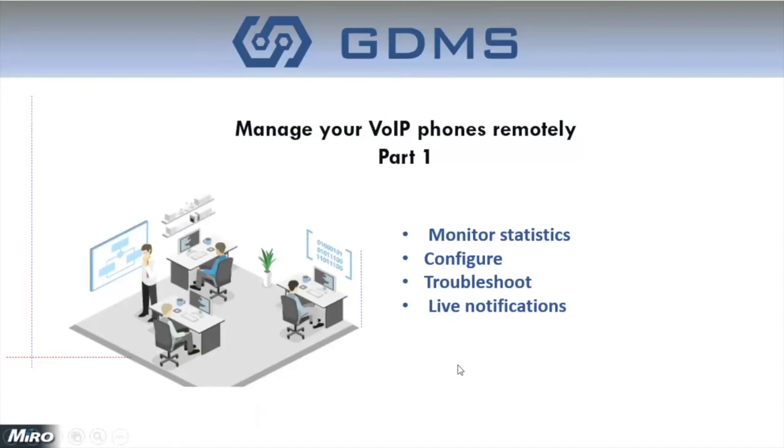You are also able to set up live notifications for every single piece of equipment or for every site that you have configured under the GDMS cloud, so that it gives you live notifications when anything happens within your functional network.